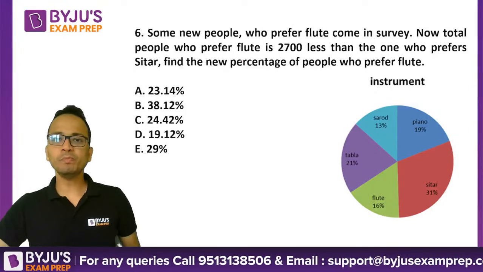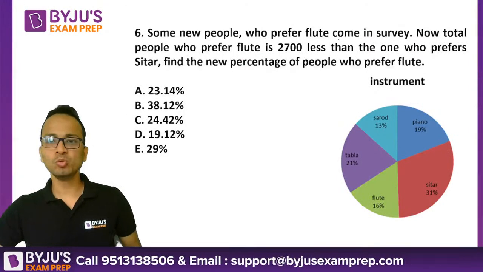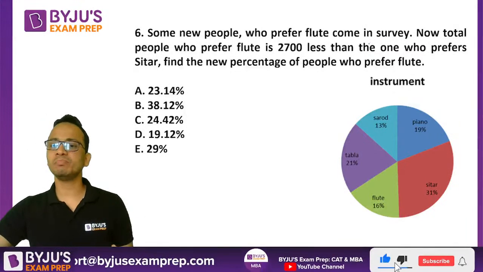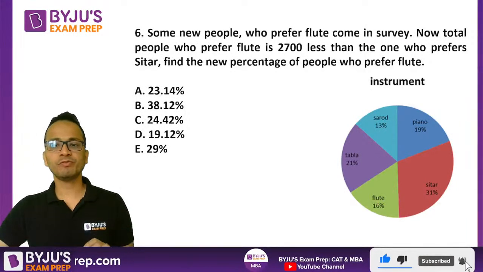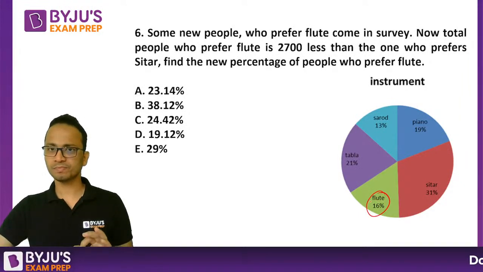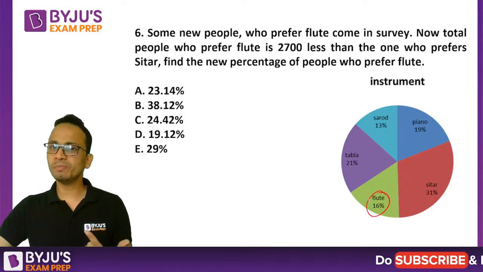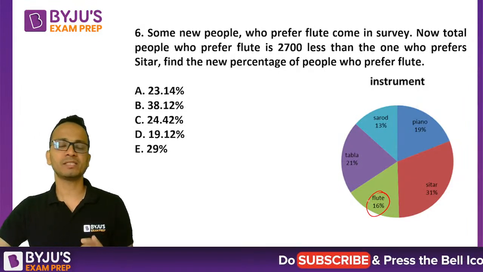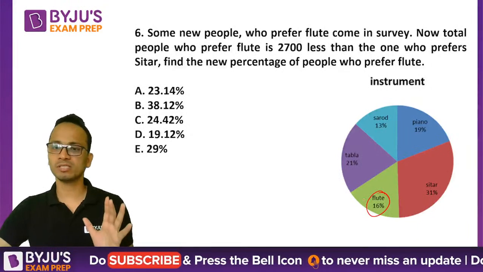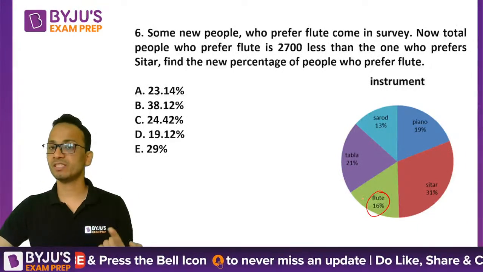So some new people who prefer flute come in the survey. So total 70,000 people थे, out of which 16% initially prefer flute. Now some new people who prefer flute come in the survey. अब सिर्फ जो फ्लूट प्रेफर करते हैं वो कुछ एडिशनल लोग सर्वे के अंदर आ गए, above 70,000 people.